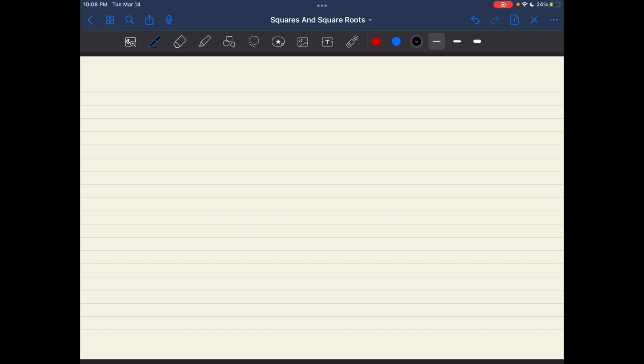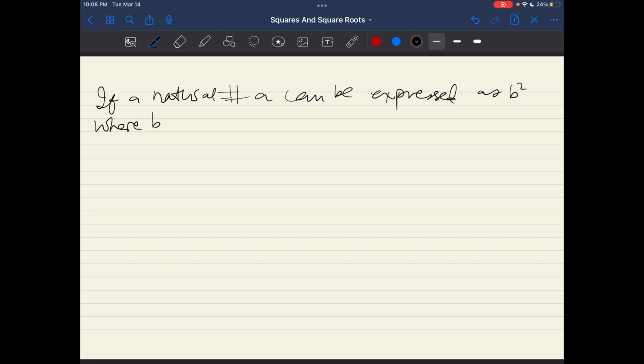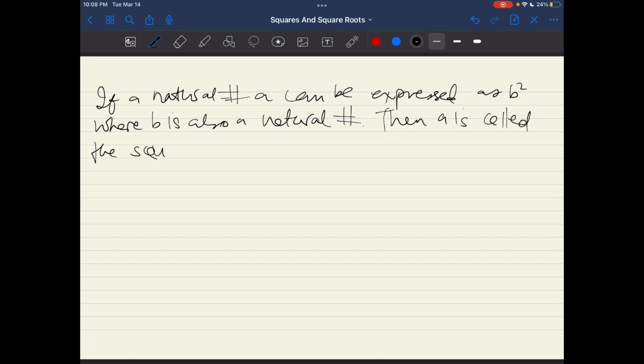So generally speaking, we can say if a natural number A can be expressed as B square, where B is also a natural number, then A is called the square number.